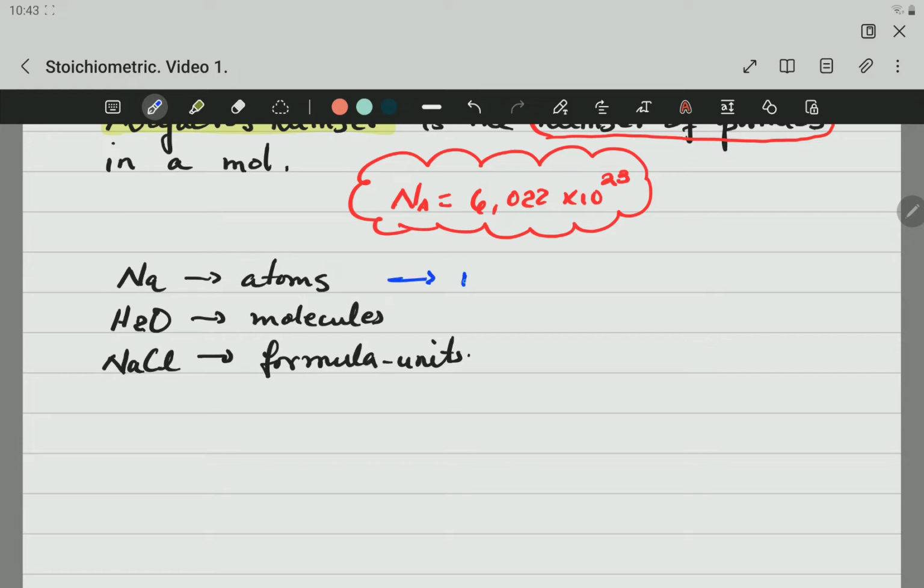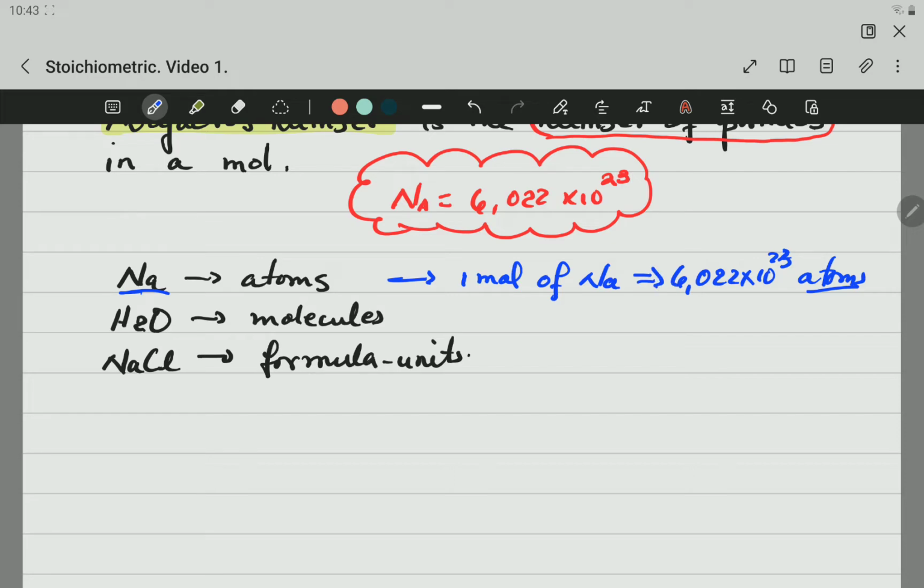All right, so we say that in 1 mole of sodium, there will be 6.022 times 10 to the 23 atoms. Atoms of sodium, we're talking about sodium.